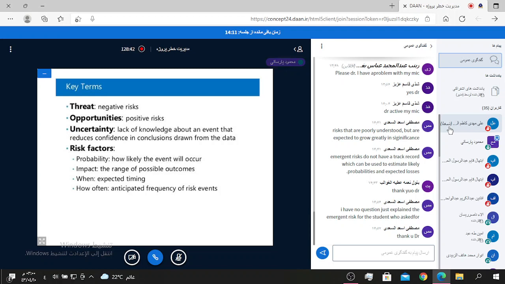About other key terms like threat, opportunities, uncertainty, and risk factors. We explained threats that are negative risks and opportunities that are positive risks.